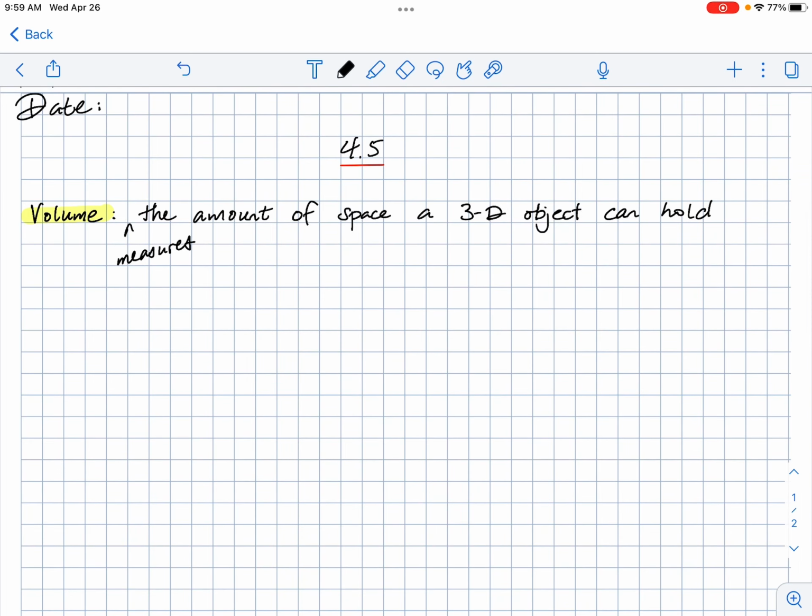Now, in Math 6, you would have looked at the volume of a rectangular prism. If you have a straight edge, it's helpful to sketch this out as a visual.